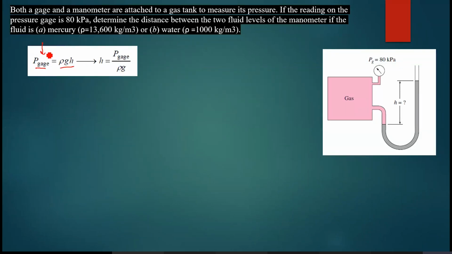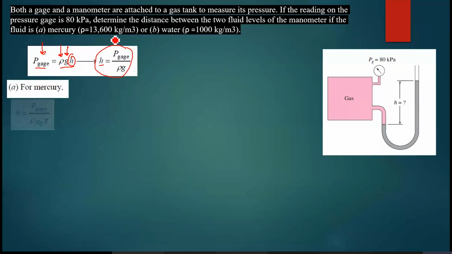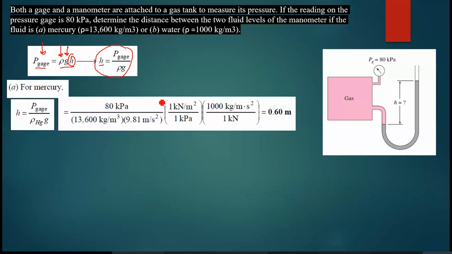Now this is given to you. Gravity is known to you. Density of mercury is known to you. The only thing unknown is h. So I'll make h the subject of the equation, and I'll have this relationship. For mercury, I have to plug in the values of 80 kilopascal divided by the density and acceleration. And remember, if I am converting this into kilonewtons, I have to multiply it by 1000.